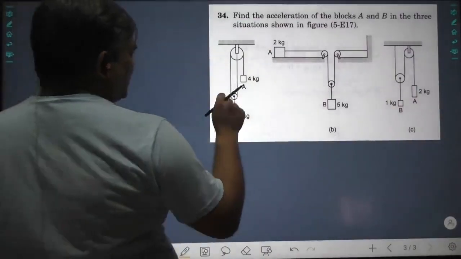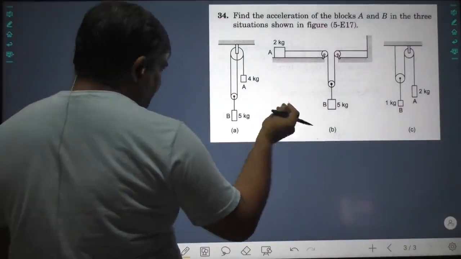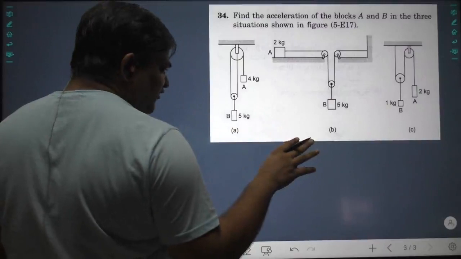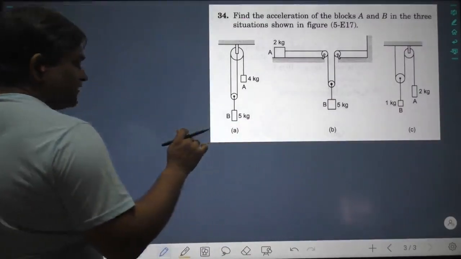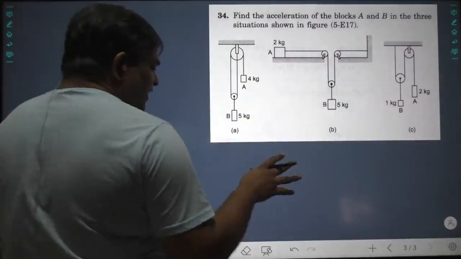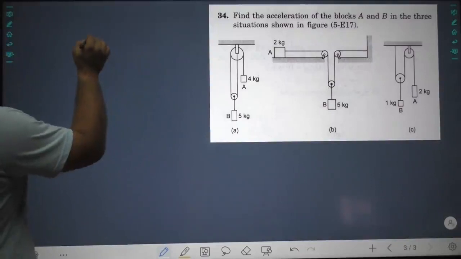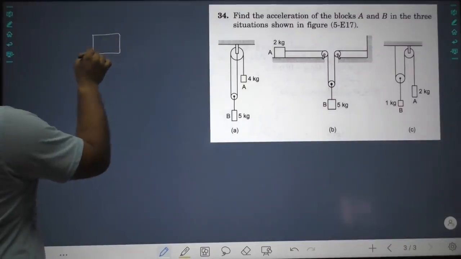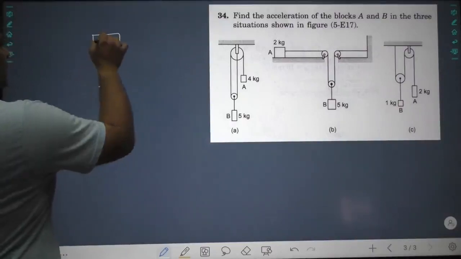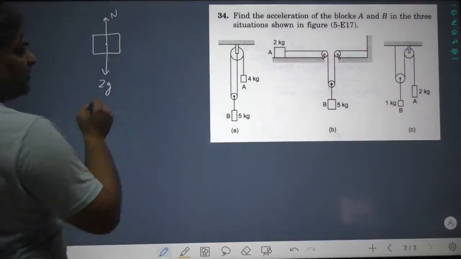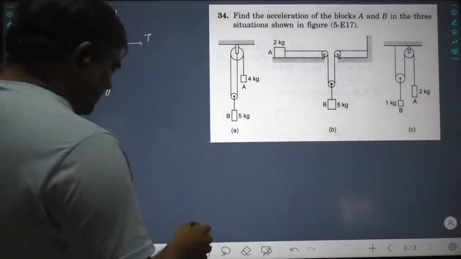Firstly, write down the forces on each. The concept of writing down forces is simple: gravitational force and contact force, only two forces, nothing more than that. And all forces should be broken down only along two directions. So this 2 kg block has 2g acting downwards, normal reaction acting upward, and tension T. Along one string you have one tension.